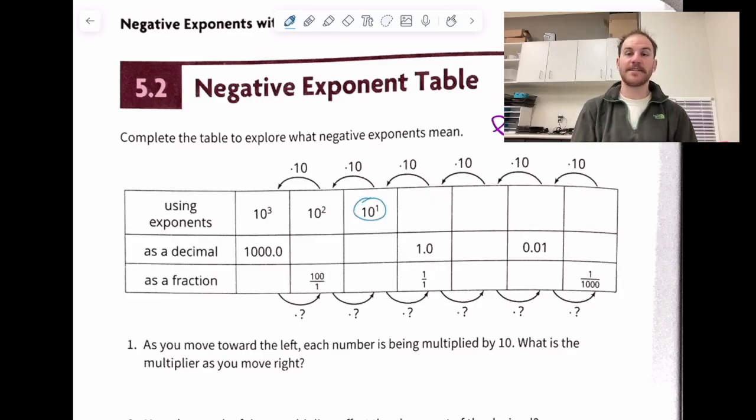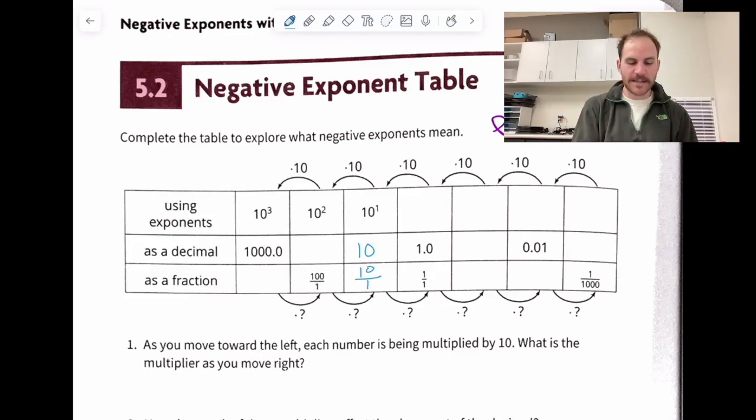We've got here 10 to the first power. Now, as a decimal or an evaluated expression, 10 to the first power is equal to 10. If we multiply 10 by itself just once, we end up with 10. That as a fraction is 10 over 1. Any whole number as a fraction is just itself over 1.